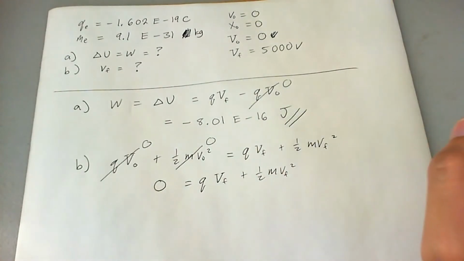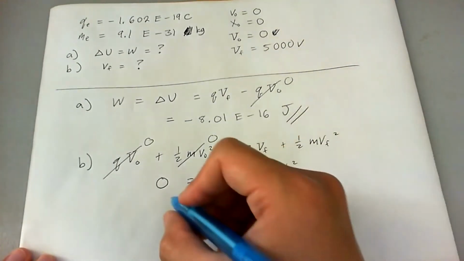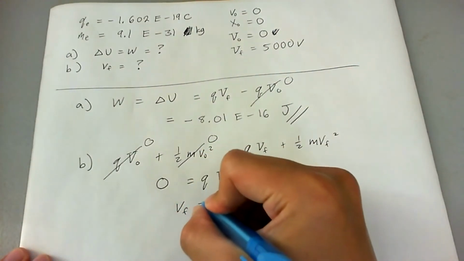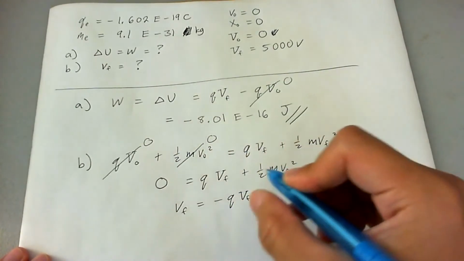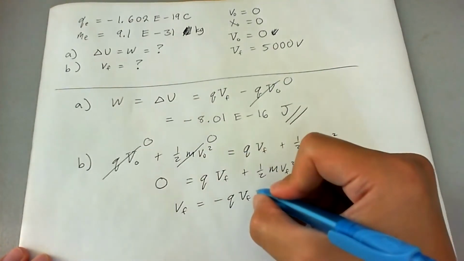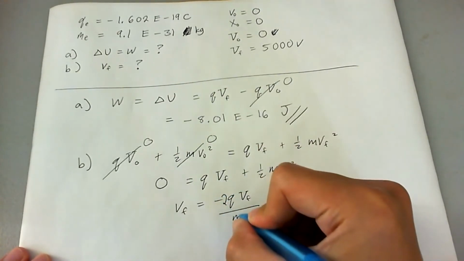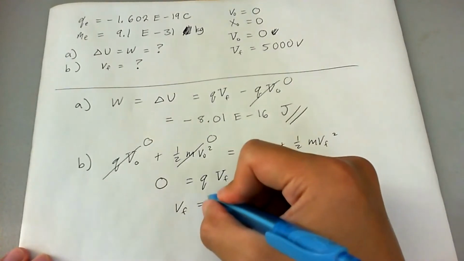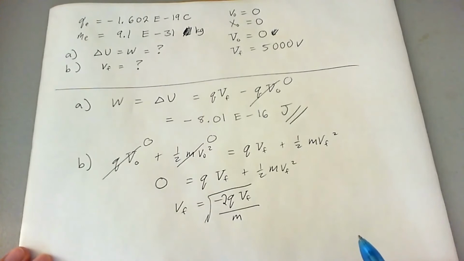Okay, now all we got to do is isolate v final and plug and chug. v final ends up being negative Q big V. We'll bring over the 2 on this side, divide by m, and then take the square root of both sides, thus leaving v final by itself and everything else to the right.